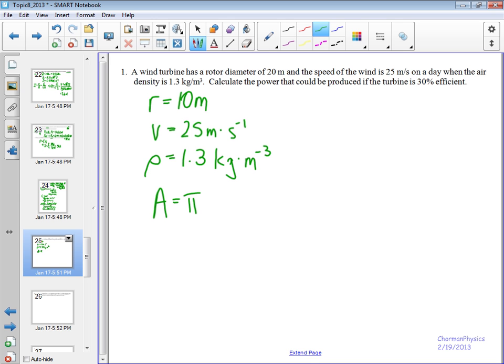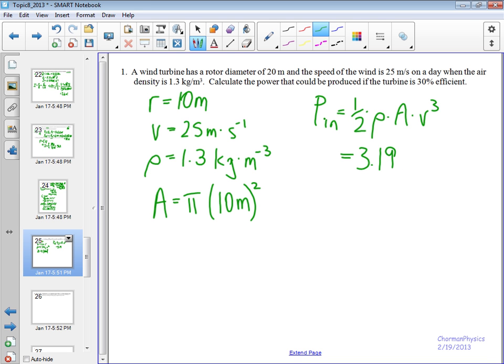And so we can figure out the area pretty easily, all right, pi r squared. And so the power input from the wind is just going to be 1/2 rho times the area times the wind speed cubed. When we put all of this in, we get 3.19 megawatts, all right?